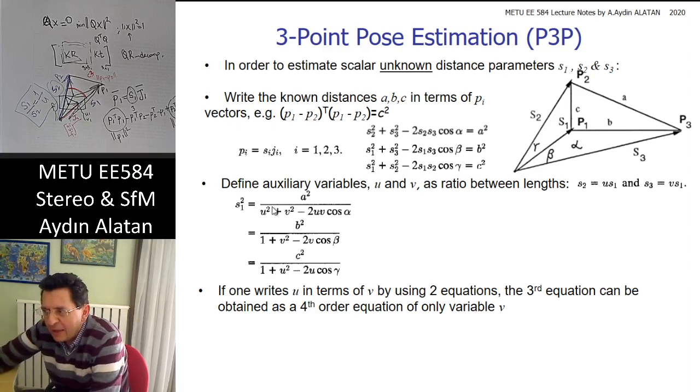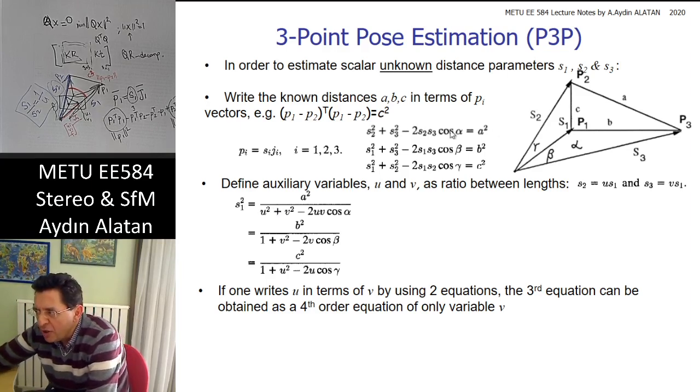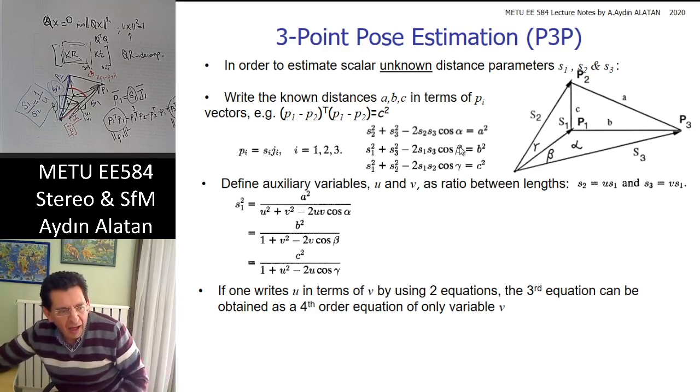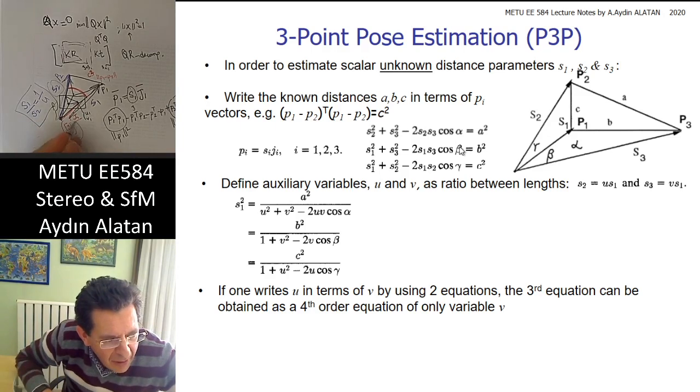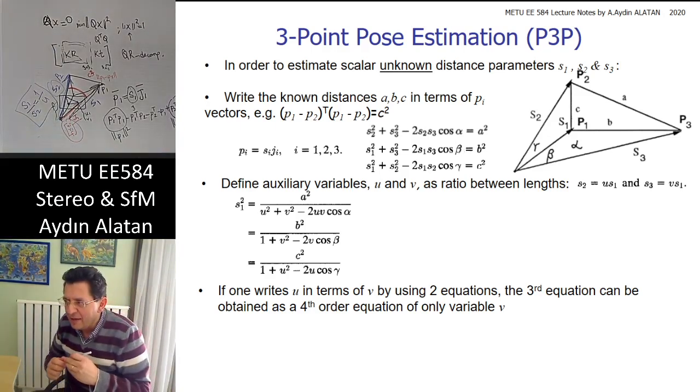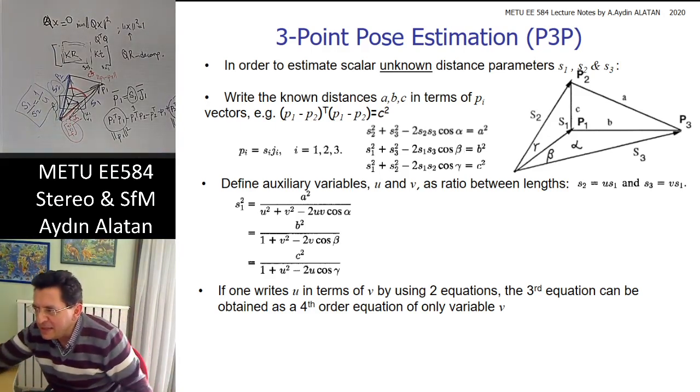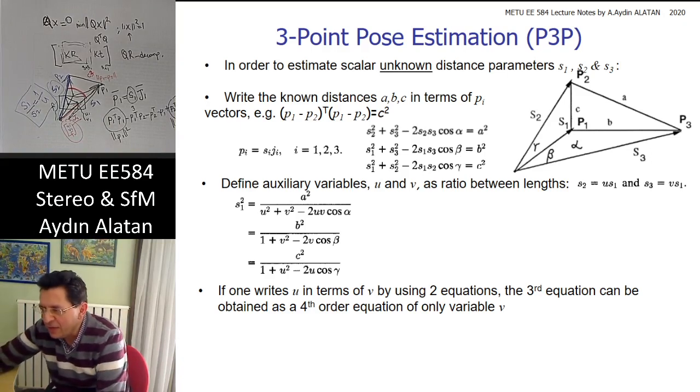I obtain an equation of V only, and everything is known to me at that point. Please note cosine alpha and cosine gamma are obtained through these vectors. These red vectors help me find the angles. Therefore, I know A, B, C, I know the angles, and I just obtained the result.